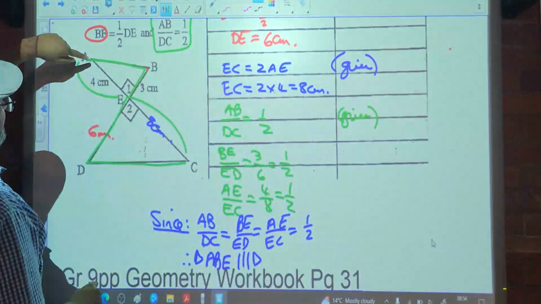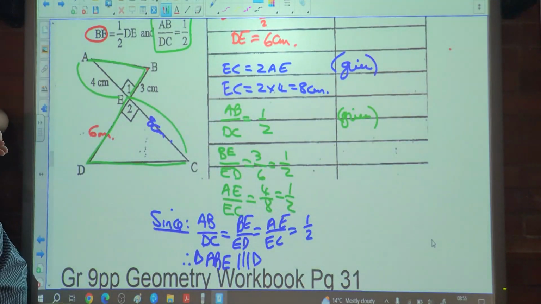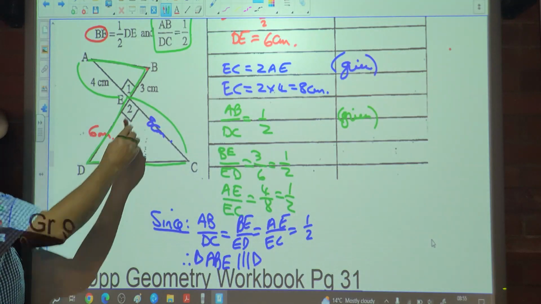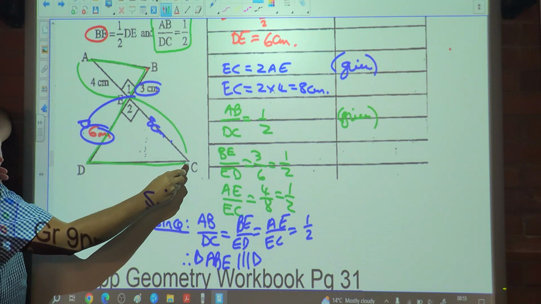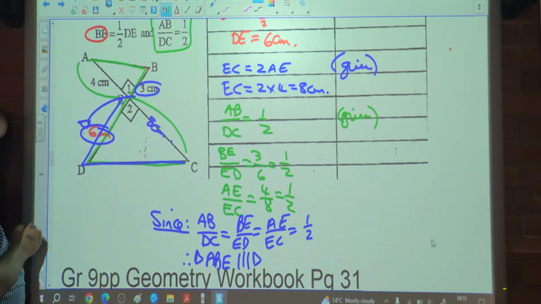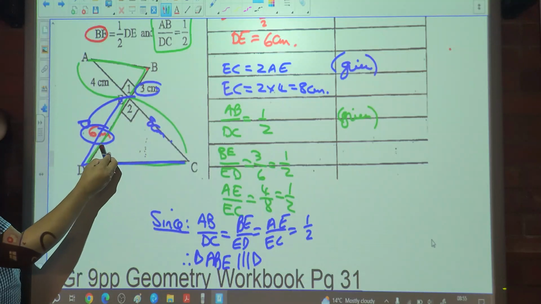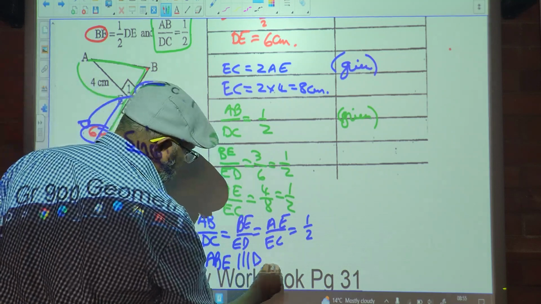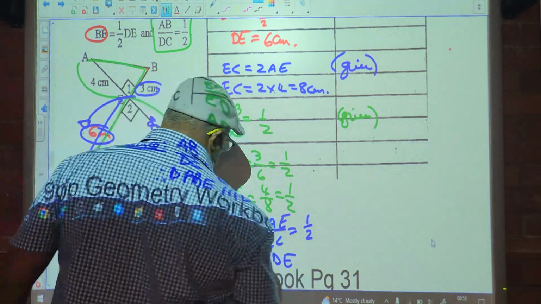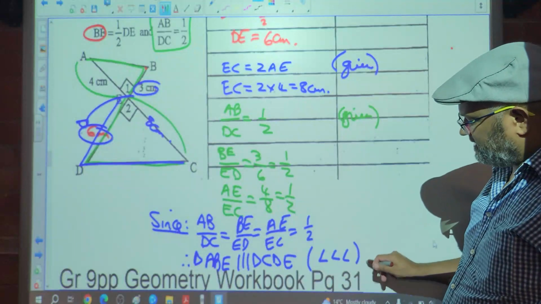If we start at A, B, E, then remember I'm using that 3, so I must pick up the 6 here. So it's going to be C, E, D. If I go D, C, E, then I'm not picking up the 6. You see that, people? So it's C, D, E. And what's the reason? That they are similar because the sides are in proportion.